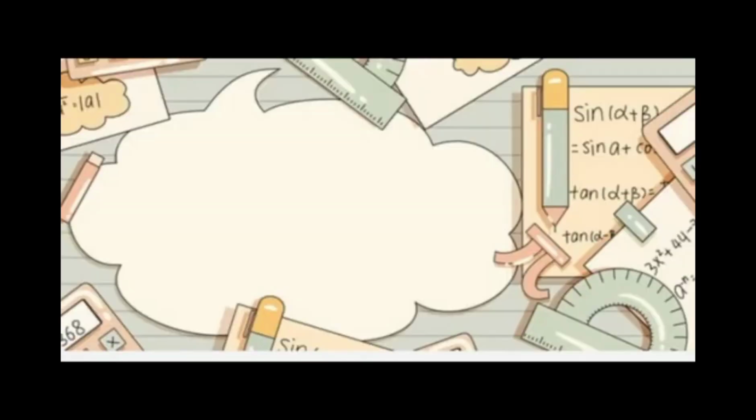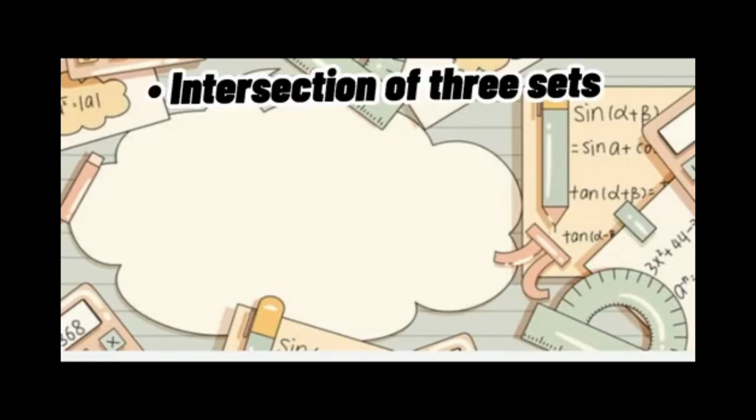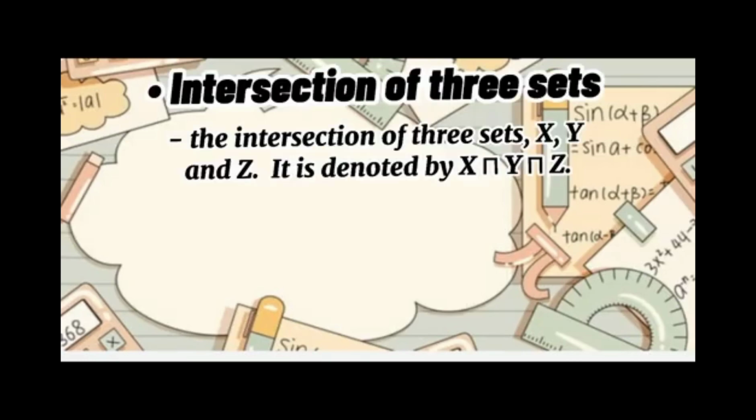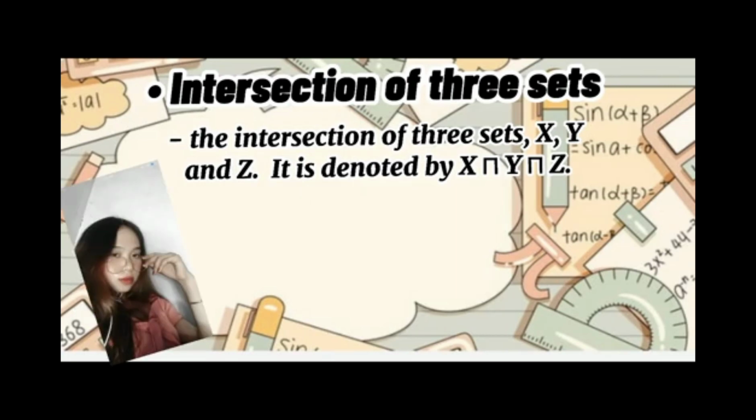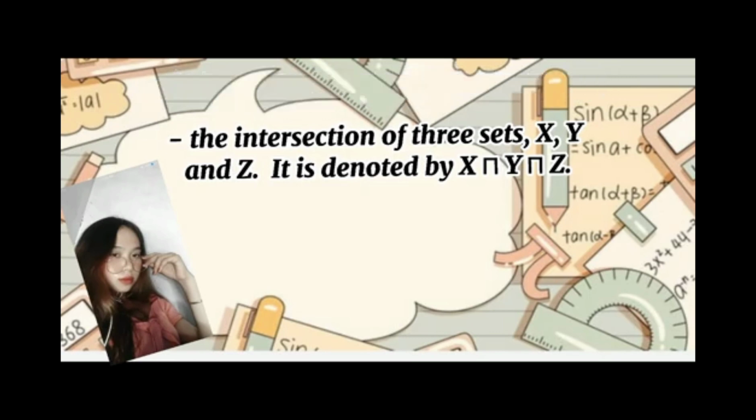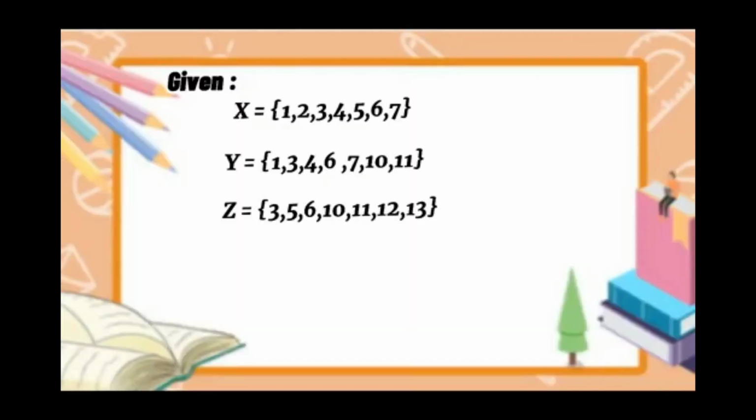So next is the intersection of three sets. The intersection of three sets, X, Y, and Z, is denoted by X intersection Y intersection Z. It is the set of elements that are common to sets X, Y, and Z. So here's the example.